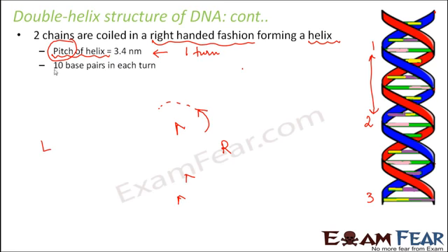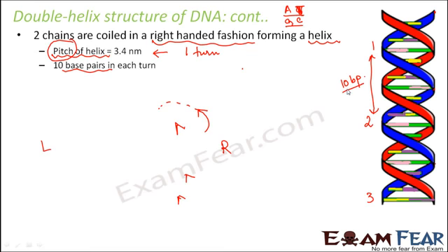And there are 10 base pairs in each turn. Now you understand what is a base pair, like AT, GC. So the pair of bases. Each pair is known as a base pair. So there are 10 base pairs which exist in each turn. So in this much of distance, 10 base pairs exist.